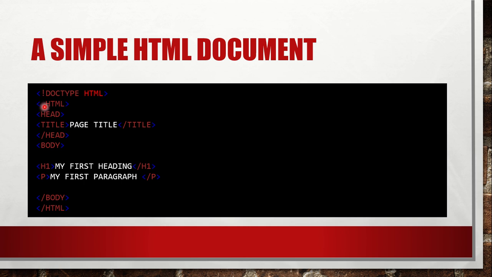This html tag is used in all versions of HTML, whether it is HTML4, HTML5, HTML2, HTML3, it doesn't matter. But then this doctype just tells us that it is HTML5. HTML4 has another way of declaring it, but HTML5 has this version. So the html tag is telling us that the whole thing is an HTML file, but the doctype html is telling us that it's an HTML5 file.